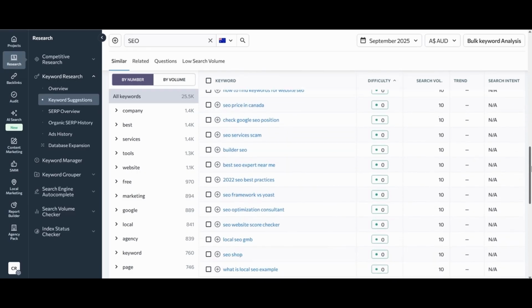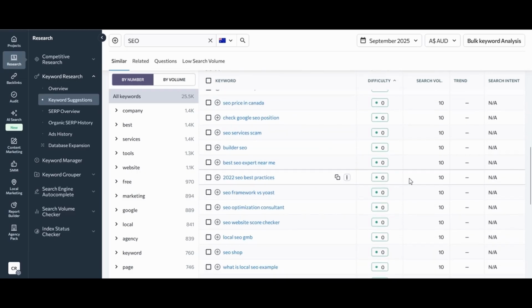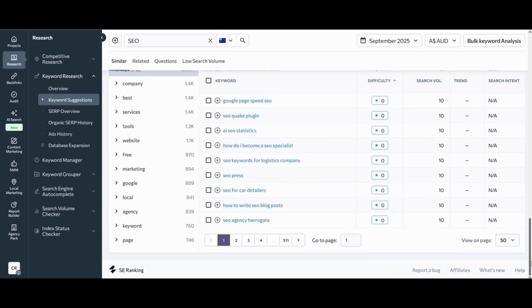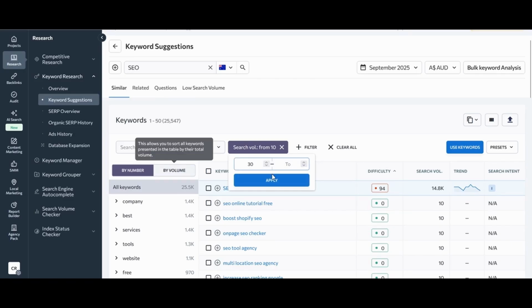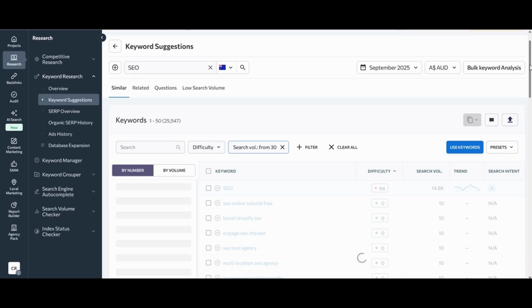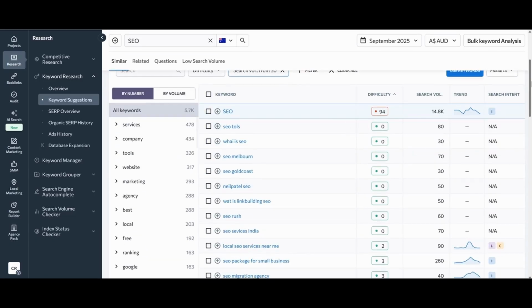And as you can see, there are a lot of keywords here that are effortless, very easy to rank for. You can set these parameters depending on what tool you use. It'll give you a very good idea on what keywords to actually start optimizing and targeting for your business.